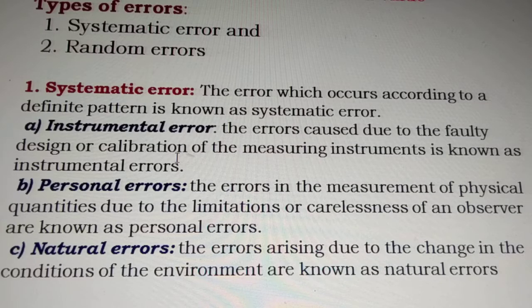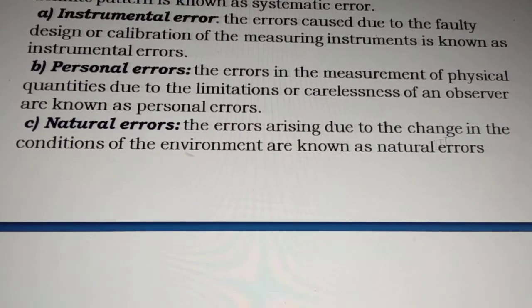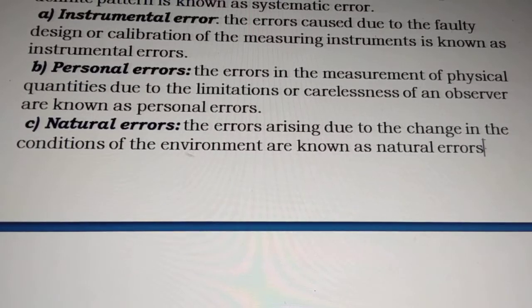Due to that, there is a change which occurs, and the error comes to the instrument itself. So this is the natural error. The error that arises due to the change in the condition of the environment is known as the natural error.